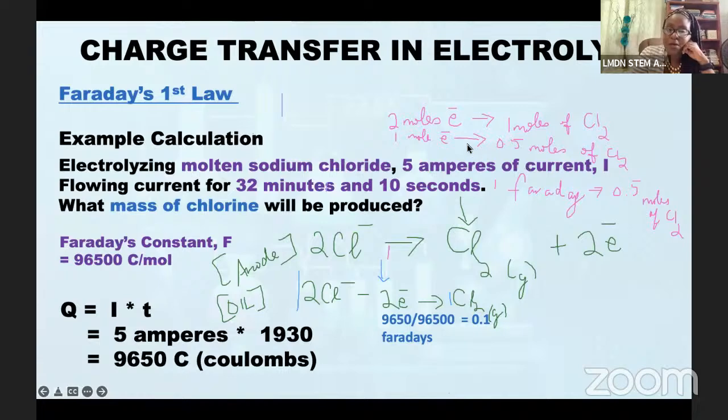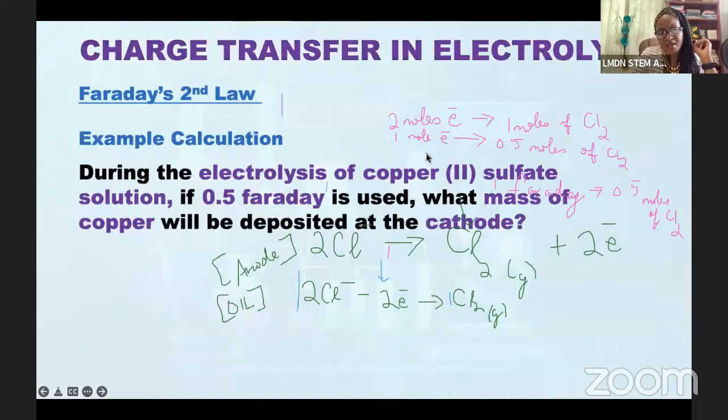So going back to Faraday's constant and that definition, 1 Faraday then is equivalent to that 1 mole of electrons. And so that would give us 0.5 moles of Cl2. So these two things are interchangeable now, right? Remember I said you can interchange the Faraday and the mole.